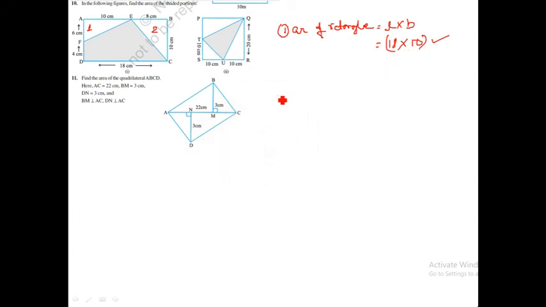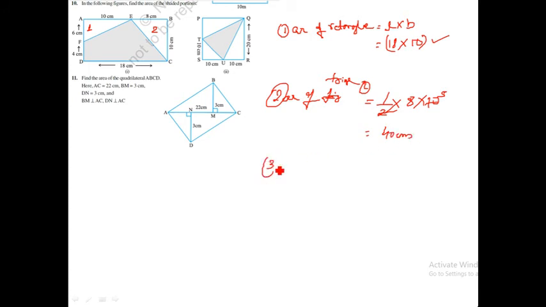Now second, area of triangle 2. The area of triangle 2 is half into base, take base as 8, or either you can take 10, so I'm taking 8, into height as 10. Now it will be 5 into 8, that is 40 centimeter square.